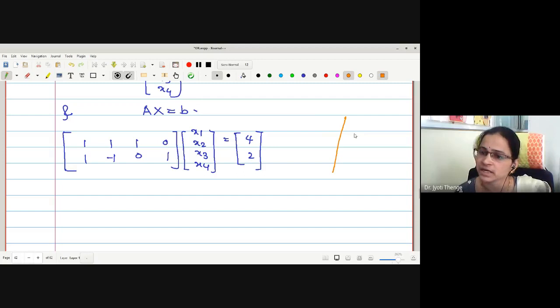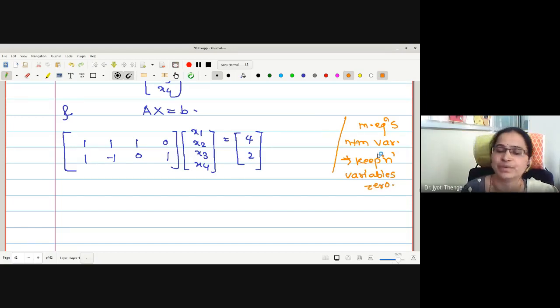See the definitions. Yes, 2, correct. If we have m equations in n plus m variables, then keep n variables at 0, and those which we keep at 0 are non-basic. Therefore, here I have to keep 2 variables at 0.